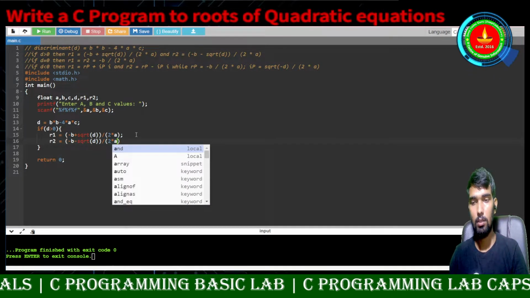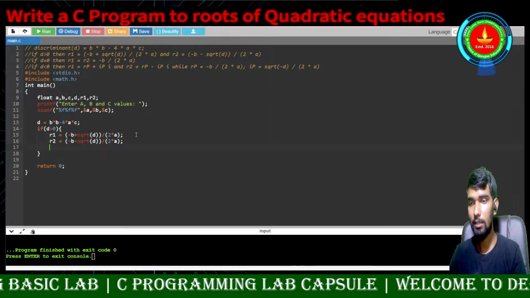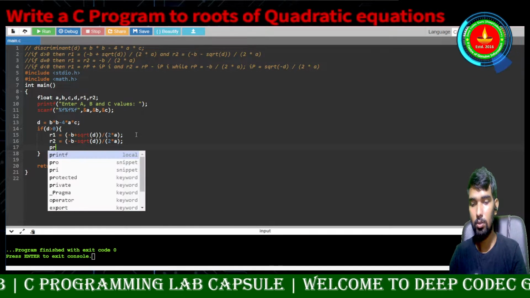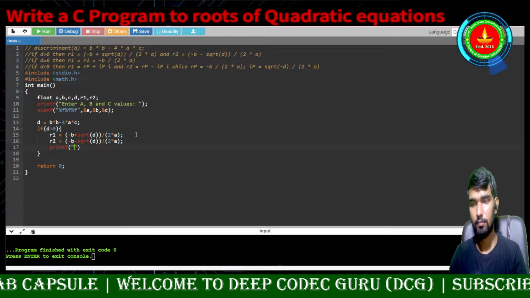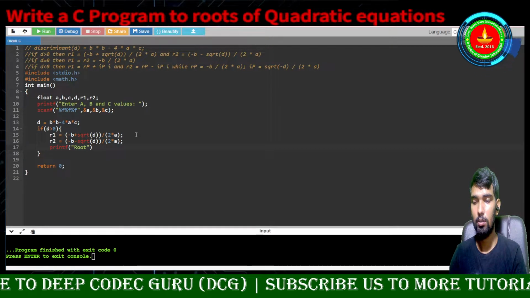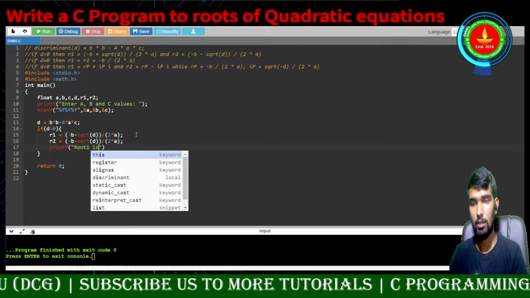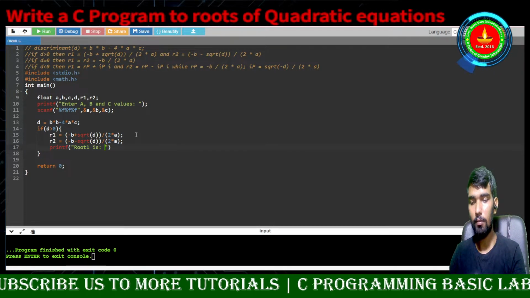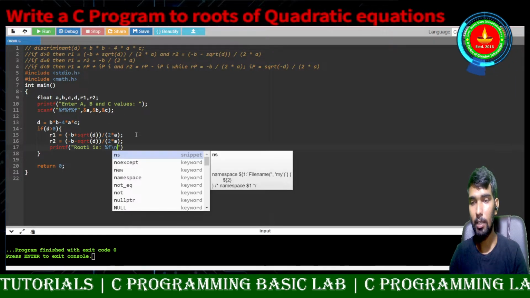Okay. So that root is done. Now we have to print that value. So print of root 1 is how much? We will print a float value, and now we will use a line break.